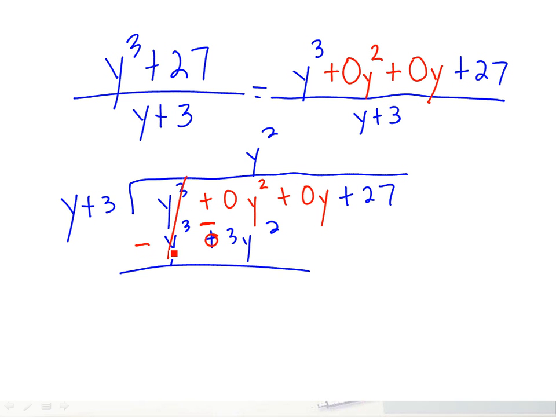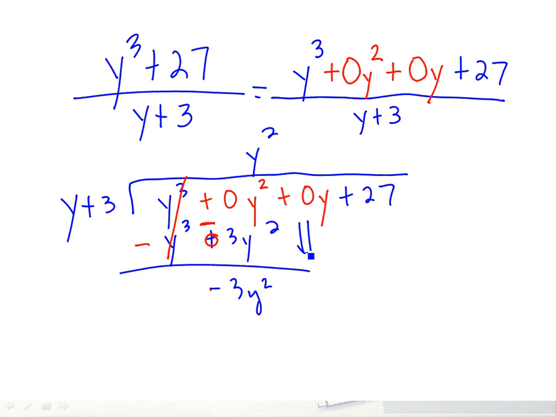y cubed minus y cubed cancels. But here, let's look at this. We basically have a 0y squared minus 3y squared. So it's really 0 minus 3 that we're concerned about. What is 0 minus 3? It is a negative 3. Alright, negative 3y squared. What do we do next?